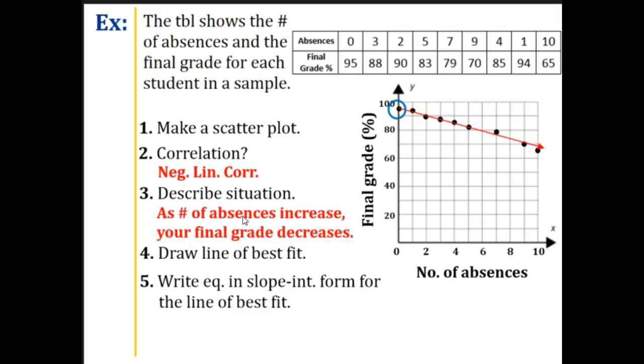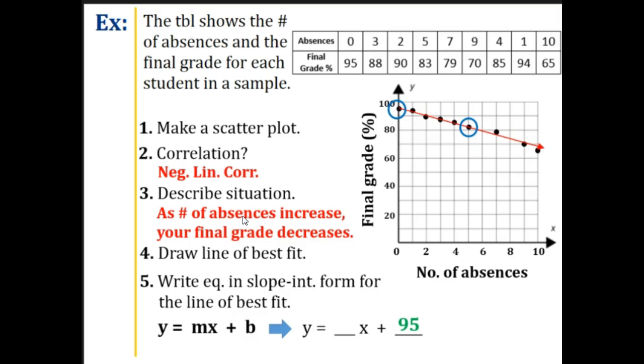It looks like at 2 we have 90, right? That might be a good one. So y equals mx plus b, so we know that y is going to equal something x plus 95. We got that squared away.